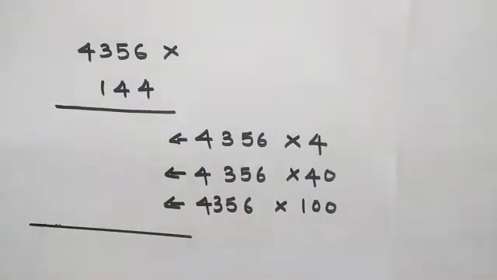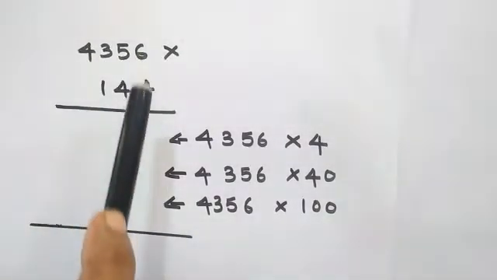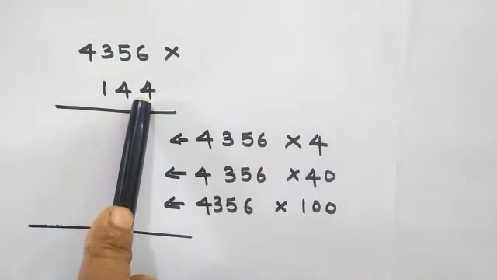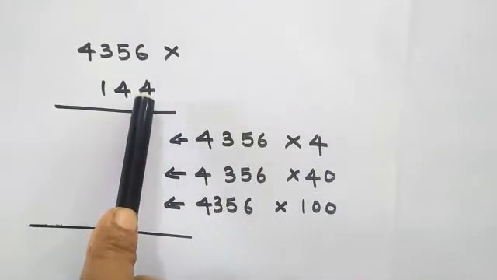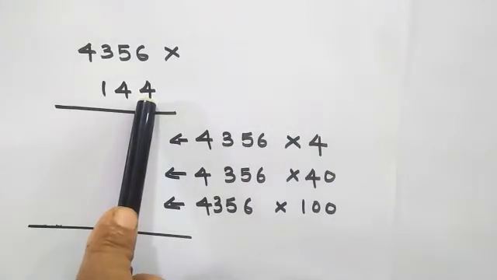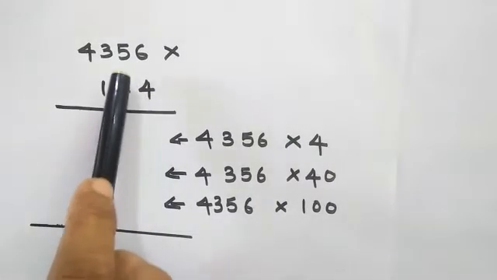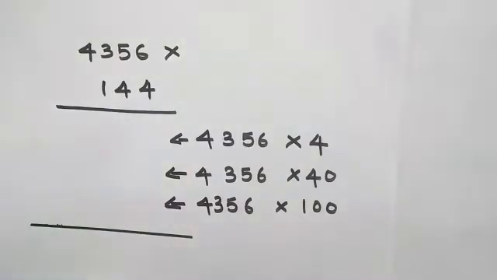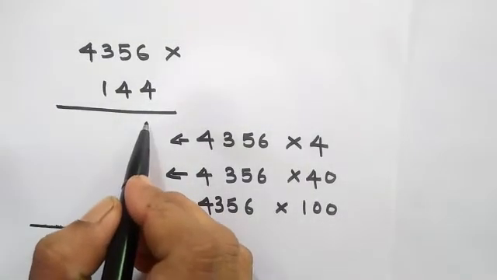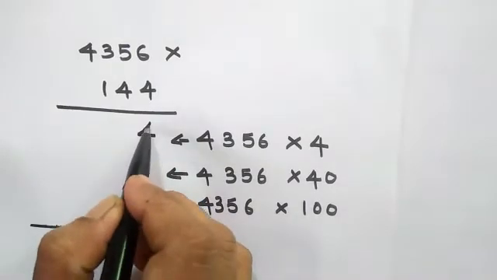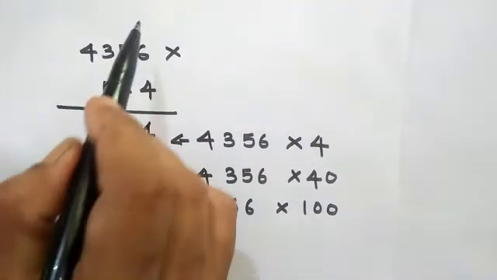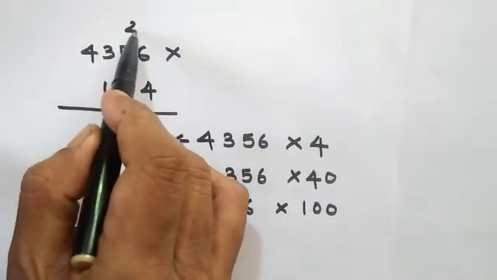So first we will multiply this number with the 1-digit number, the ones place digit. That means the unit place number. Okay. 6 fours are 24. So we will write here 4 and 2 balance.